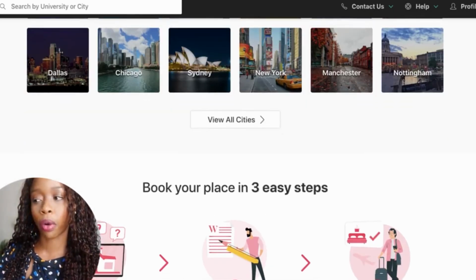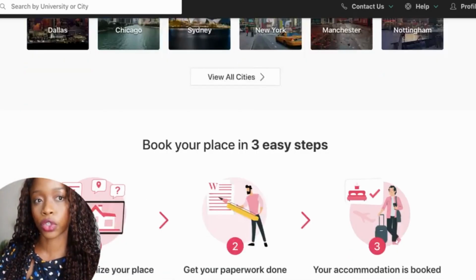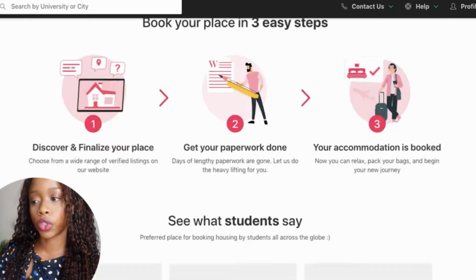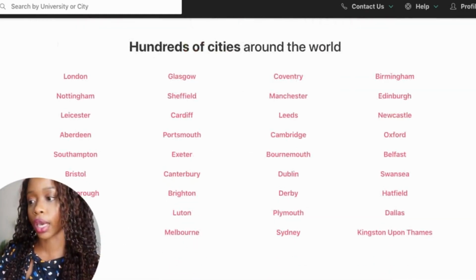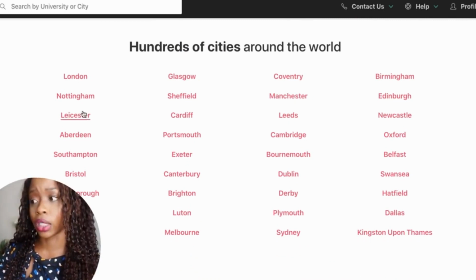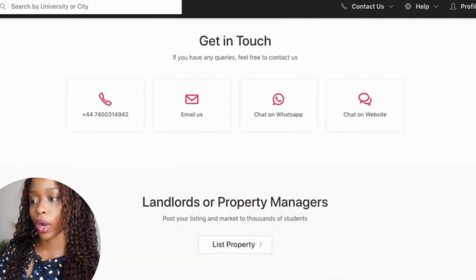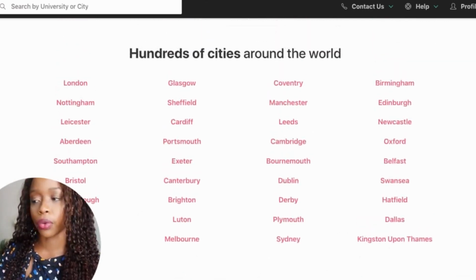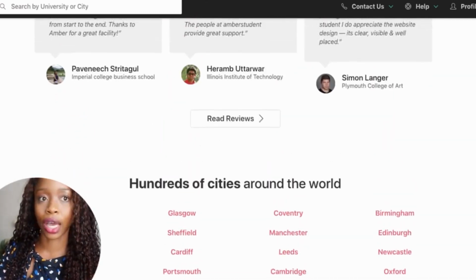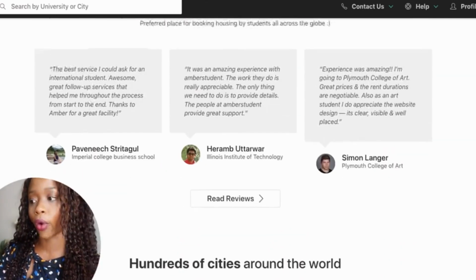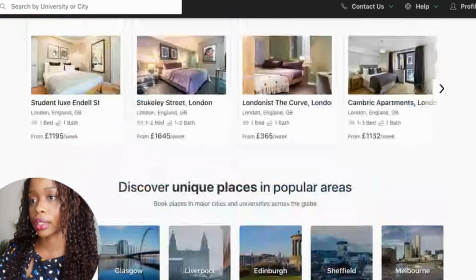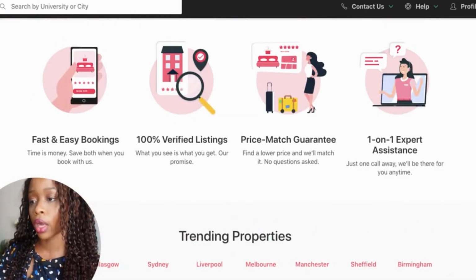It's also a very popular choice with a lot of students who are looking for student accommodation here in the UK. So you can see that they're scattered all over, from literally London, Nottingham, Leicester, Manchester. A lot of them are really big key cities. So I really don't think you'll struggle if you are looking for student accommodation and you're unsure of where or how to start. I think this is a great site for you to start with.